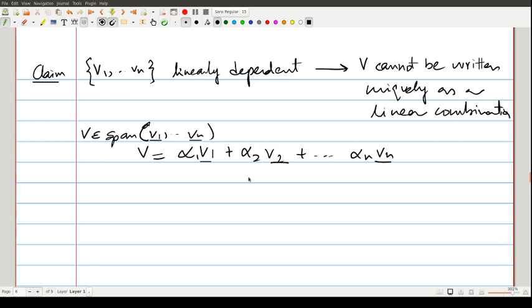And now I want to show that this is not a unique representation, and the way I'll do it is by using the fact that these are linearly dependent.